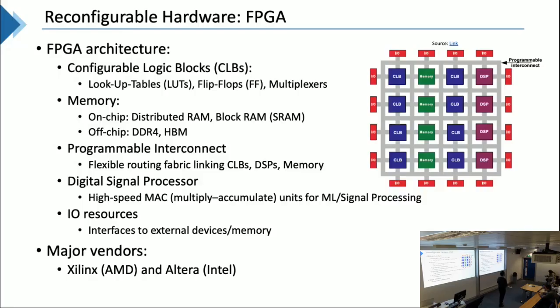This makes your FPGA very flexible, because in an ASIC, after tape-out you are not able to change the function of your chip. But in an FPGA, you can reconfigure this CLB and the programmable interconnect to design it with any function you want.